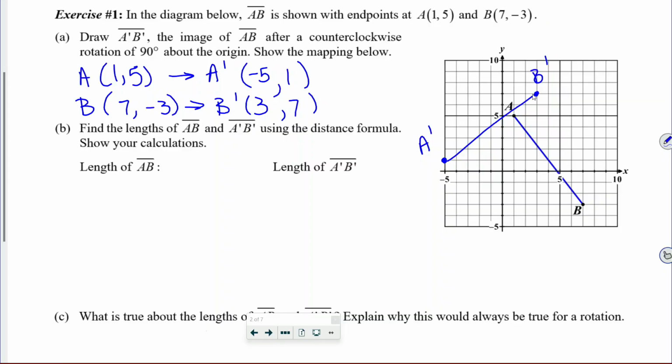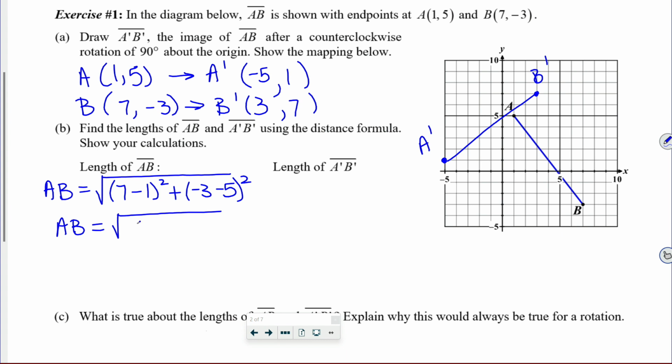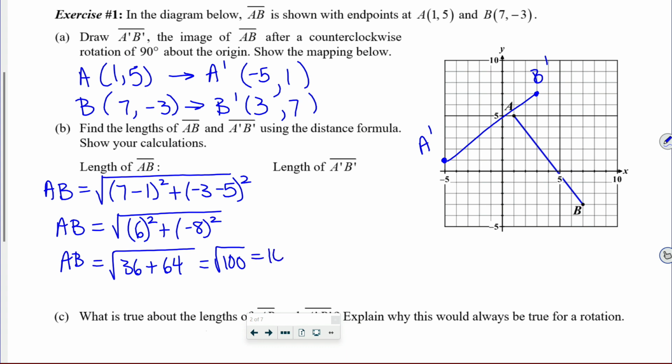So the length of AB equals the square root of (7 minus 1) squared plus (-3 minus 5) squared. 7 minus 1 is 6 squared. -3 minus 5 is -8 squared. 6 squared is 36. -8 squared is 64. That gives me the square root of 100, which is 10.